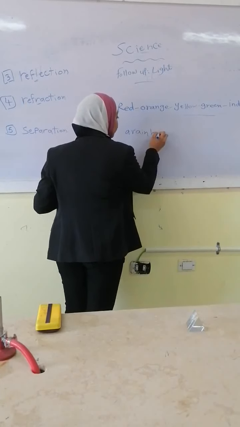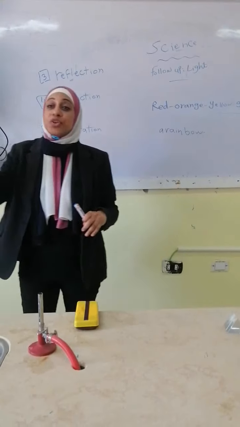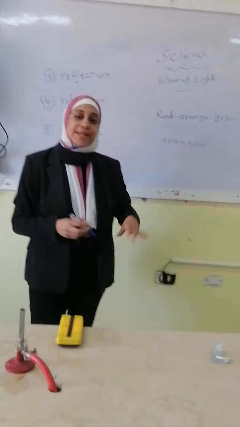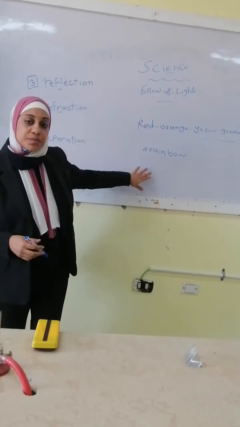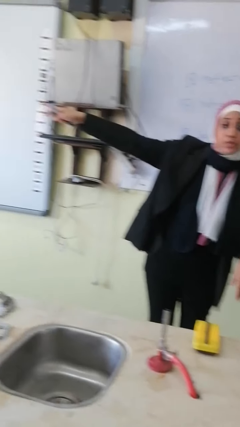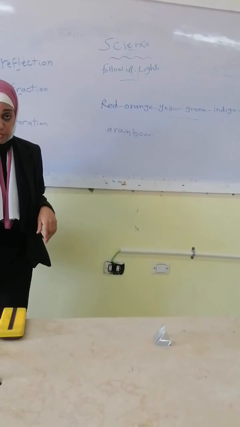You will see a rainbow in the sky during rainfall because the small water droplets act as a glass prism, and they separate the white light from the sunlight into the 7 spectrum colors that we have mentioned before.